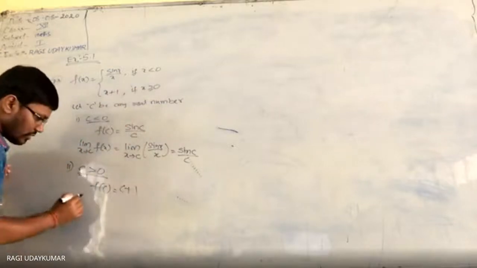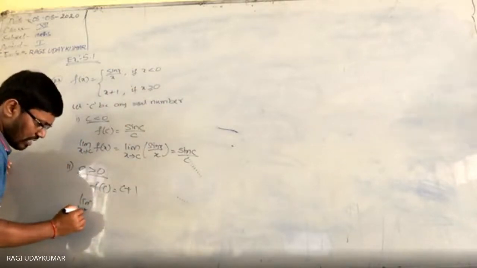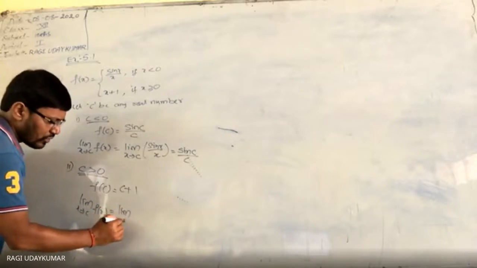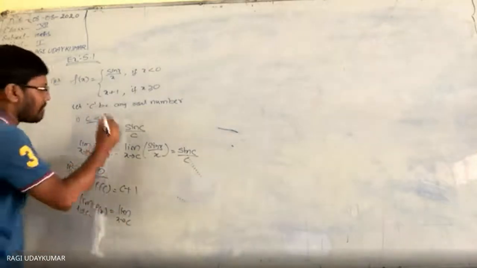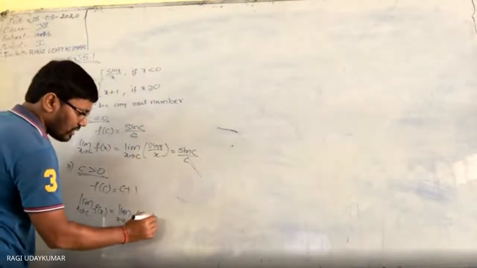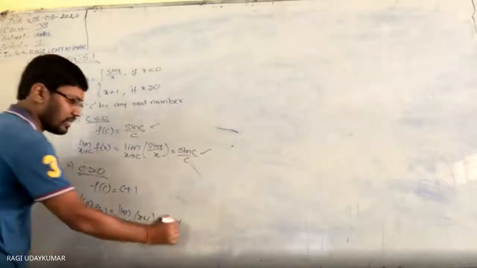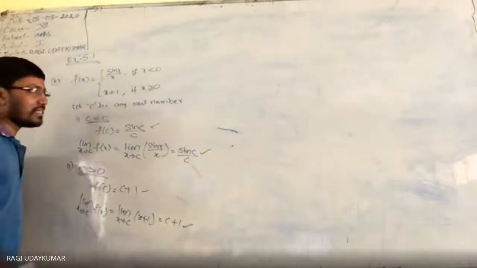In the same way, limit x tends to c, f of x means here x plus 1. So this is also c plus 1. So here this equals this, so it is continuous.